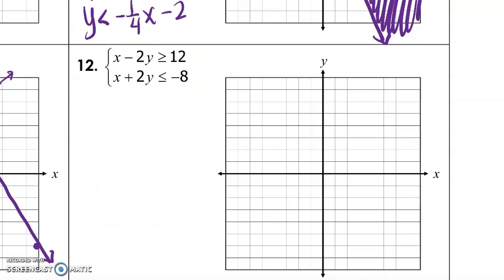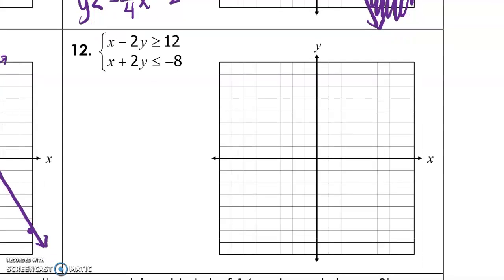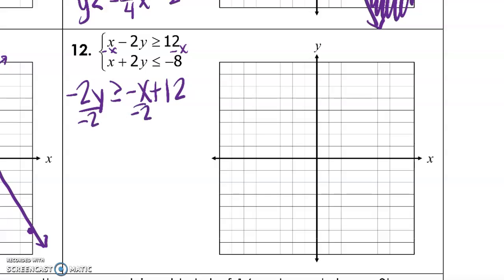And number 12, you probably noticed they look kind of similar over there on the left-hand side. But we're just going to see what happens when we solve them. So the top one, I would subtract x first. -2y is greater than or equal to -x plus 12. Divide everything by -2.